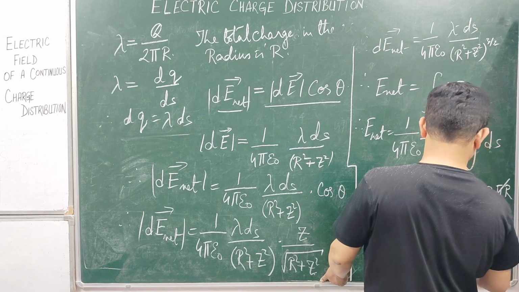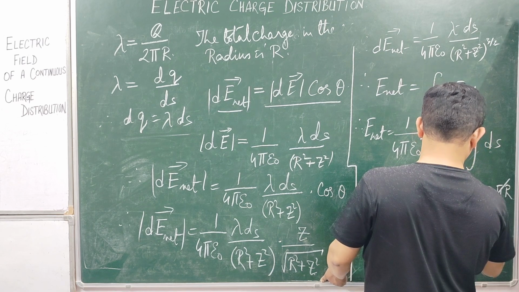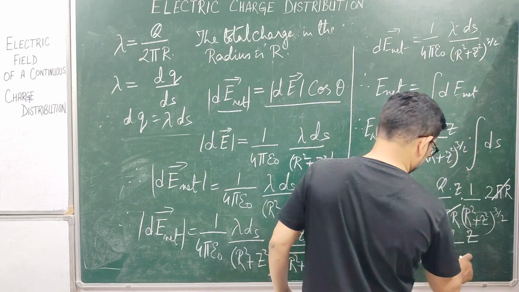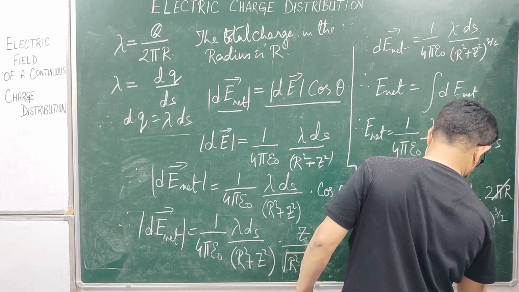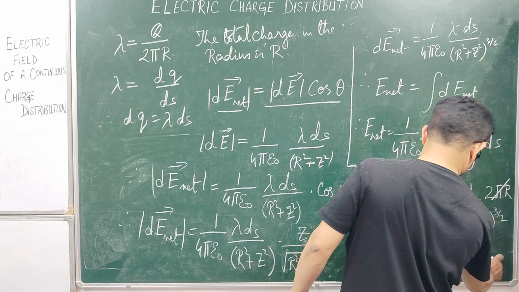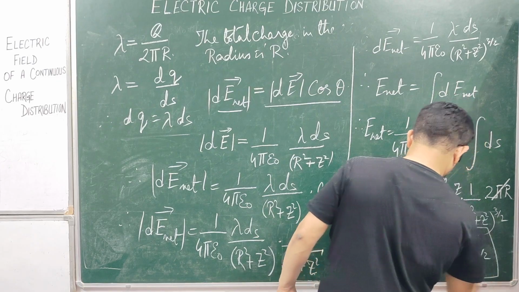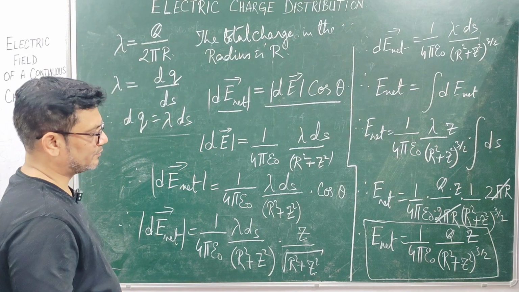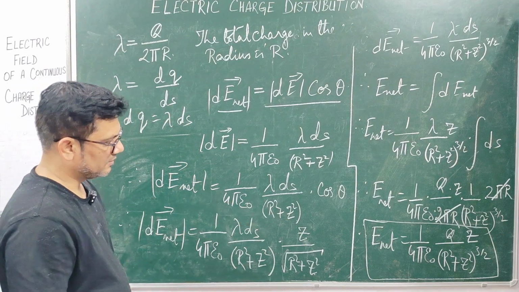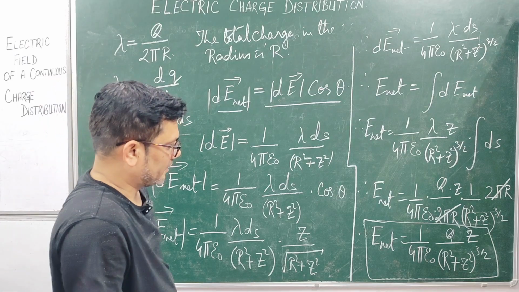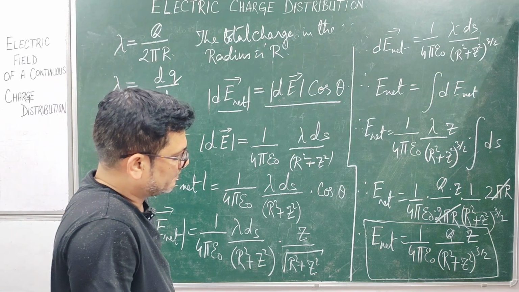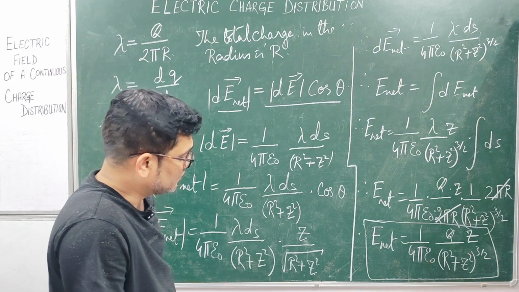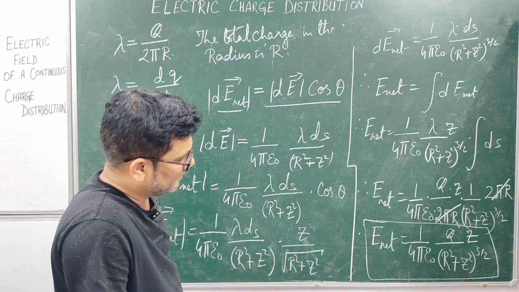Here we'll include the z, and we have r square plus z square to the power 3 by 2. So this is the final expression we are getting: E net is equal to 1 over 4 pi epsilon naught qz by r square plus z square whole raised to the power 3 by 2.